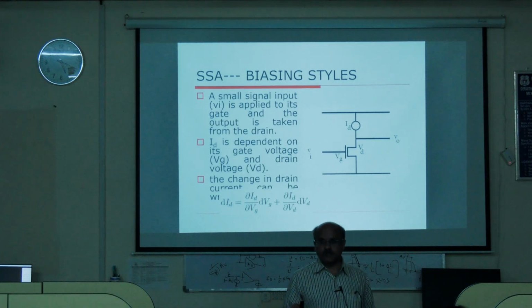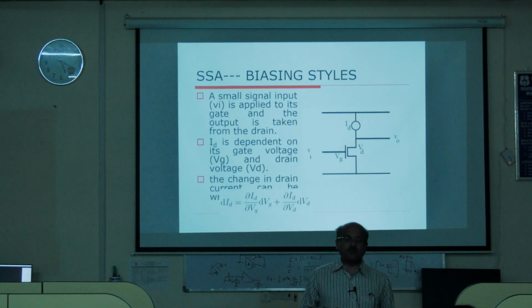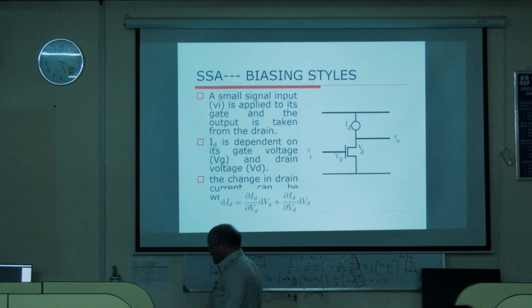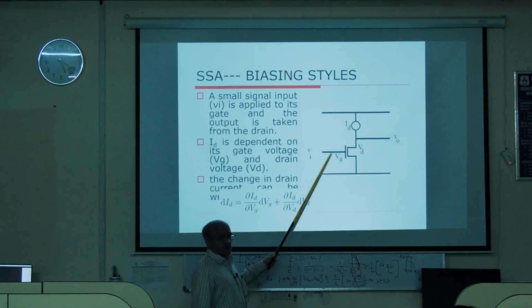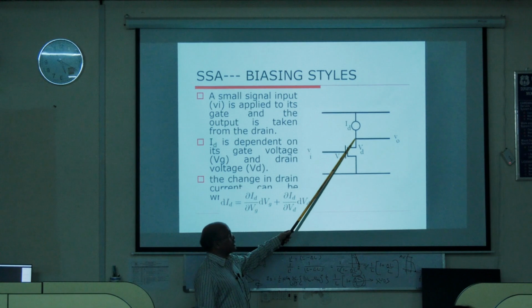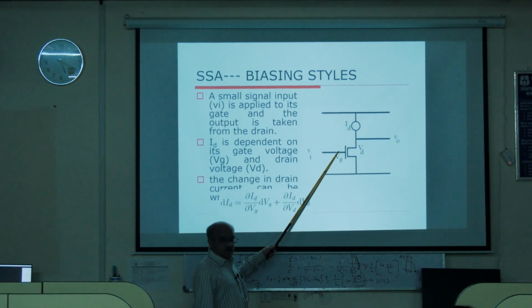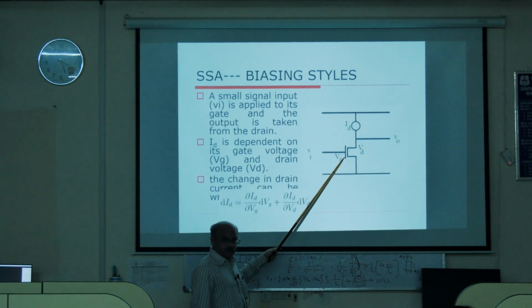No one else, only another MOSFET will come to our rescue. So I will use another MOSFET and try to isolate the output and input node, because if I take the output here, then this CGD is between the output and input.